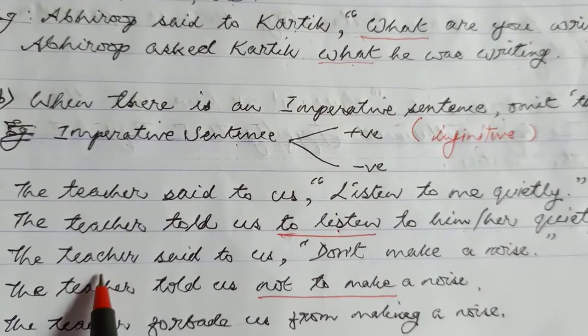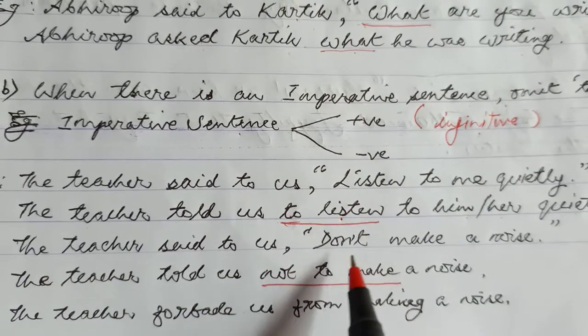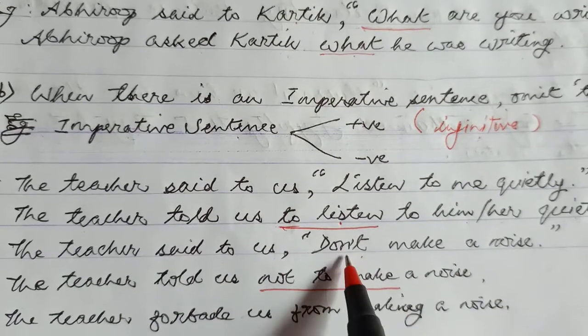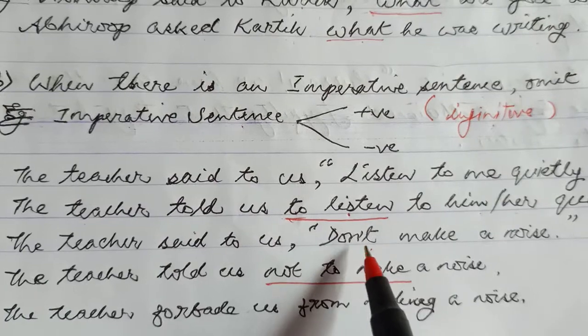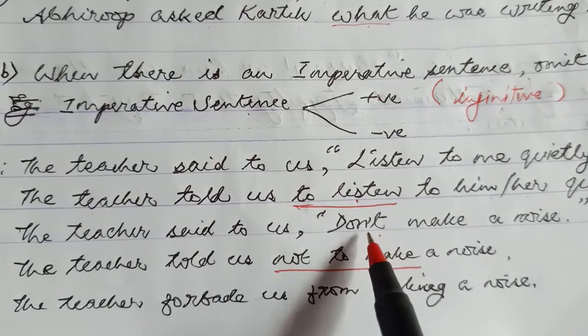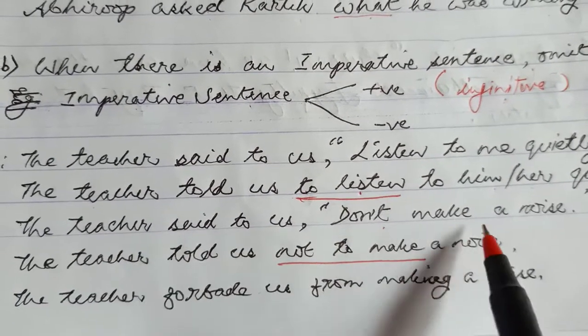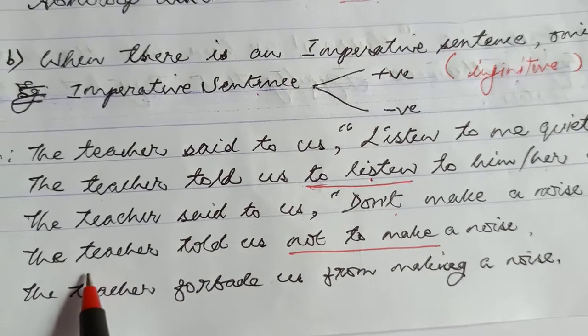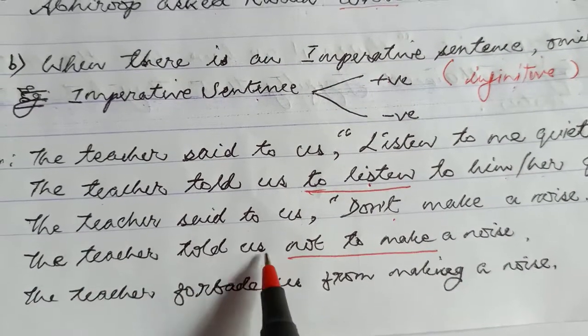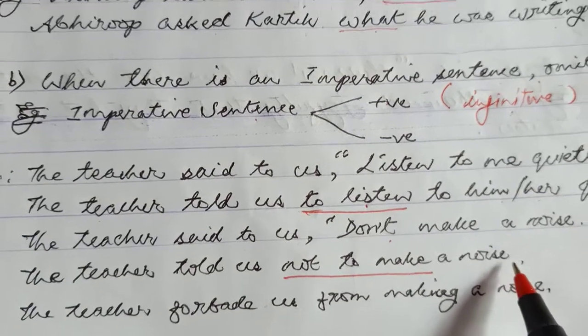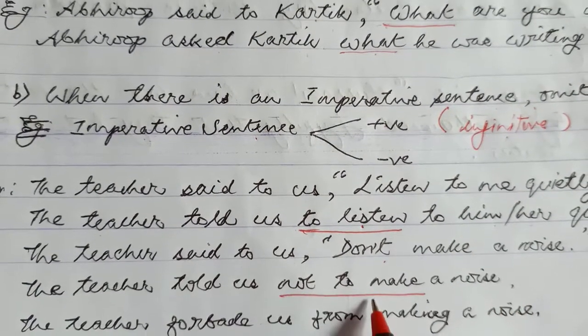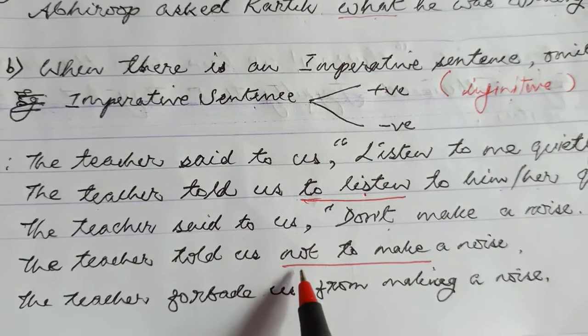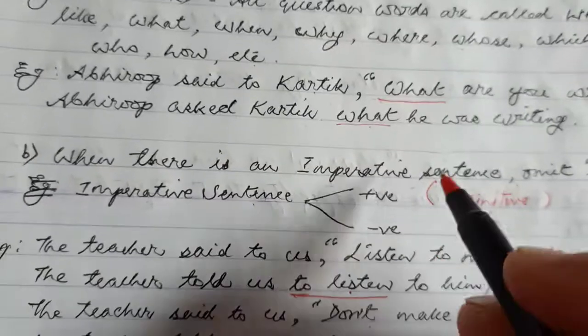Now see the negative imperative sentence. The teacher said to us, don't make a noise. Now don't, not is used here, so it is negative, right? So the teacher said to us, don't make a noise. Okay, so what will be the answer framing? The teacher told us not to make a noise. So when there is a negative imperative sentence, we get the answer using not plus to plus verb, right?